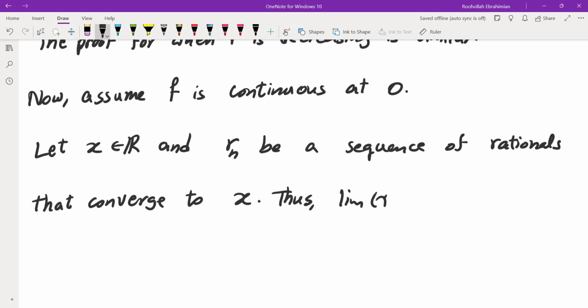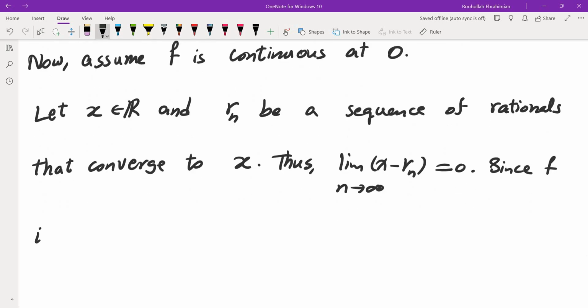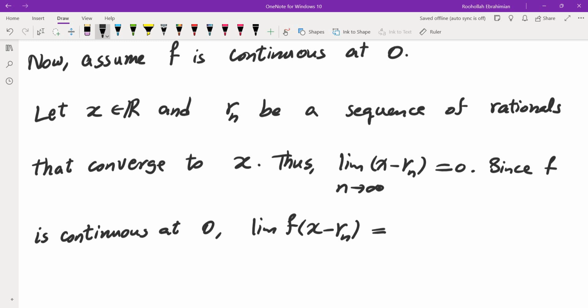So limit of x minus Rn is 0 as n approaches infinity. Now we know that f is continuous since f is continuous at 0. Limit of f of x minus Rn is going to be f of 0. f of 0 is 0.